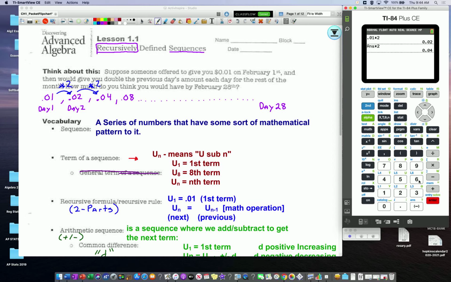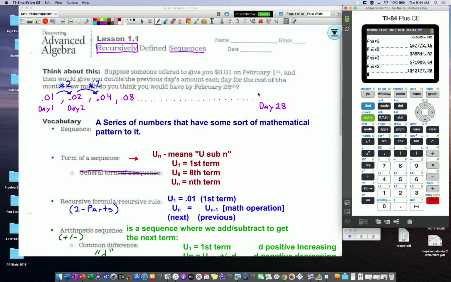So there's day 3. Now if I just hit enter, day 4, 5, 6, 7, 8, 9, 10, and so on up to 28. Wow, day 28. Look at that amount of money.